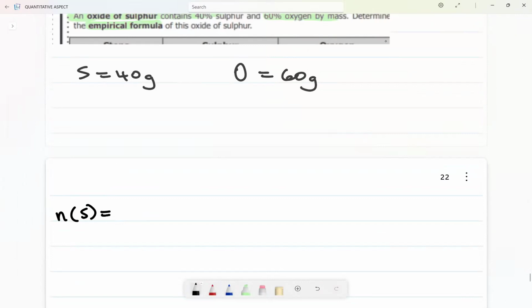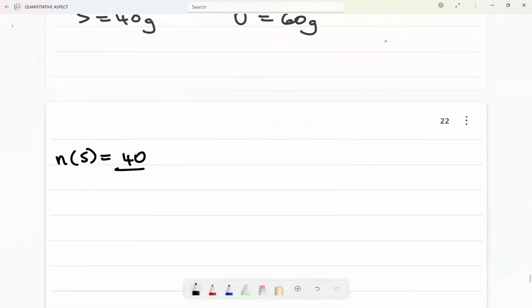Number of moles of sulfur is gonna be 40 divided by the molar mass of sulfur, which is 32. 40 divided by 32 is 5 divided by 4, which is 1.25 moles.